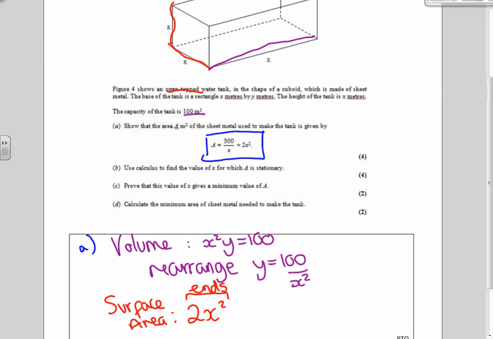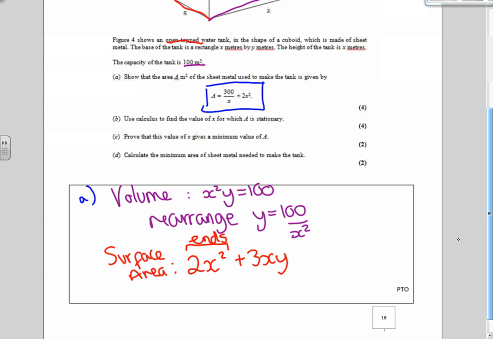That's why it's really important to read the question, because we're told that this is an open-topped water tank, which means that we do not have a sheet of metal on the top. So we just have 3xy. We only have 3 sides that have an area of xy. So that means that we have A equals 2x squared plus 3xy.